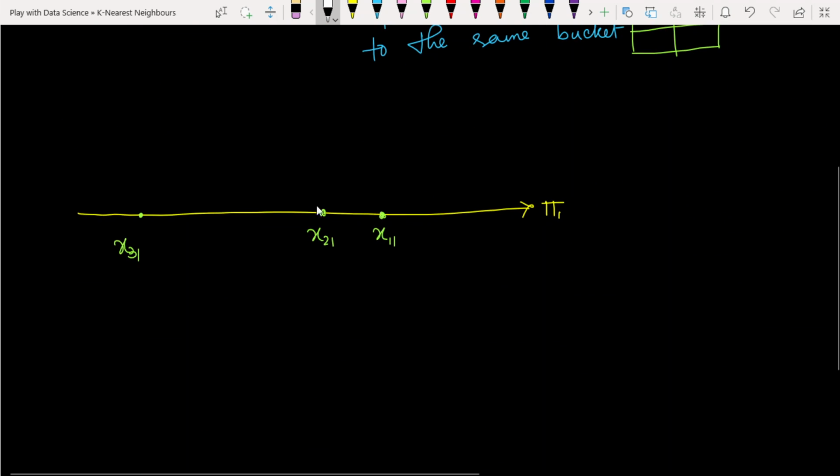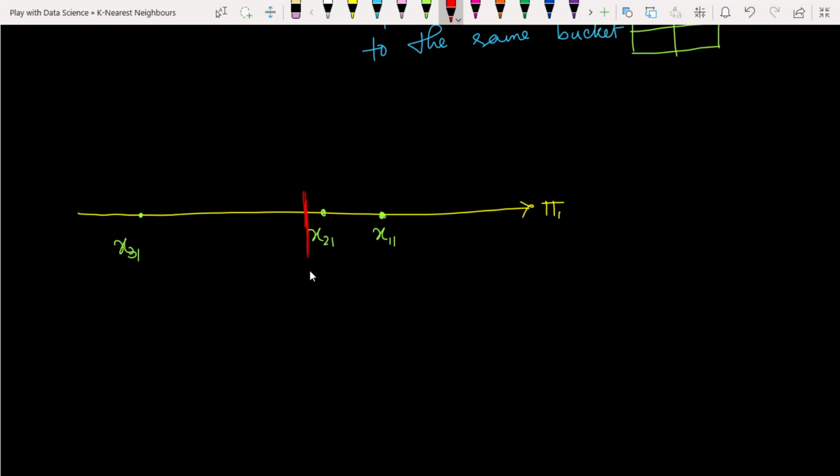So in such cases, what will happen? First, we have to divide this whole plane into regions. I'm using red color to divide it. Suppose this is our middle point.